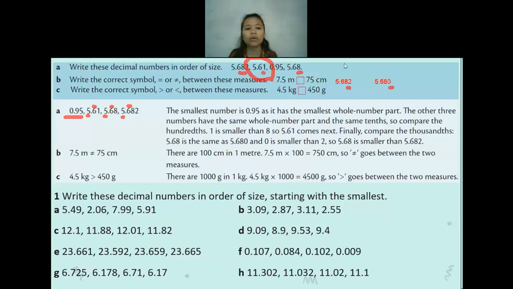Is there anyone who is confused so far, or maybe does not understand the explanation or anything? Okay, if you have no confusion, now we are going to check. There are two units in here, 7.5 meter and 75 centimeter. The units are different, so we need to make all the units the same first.